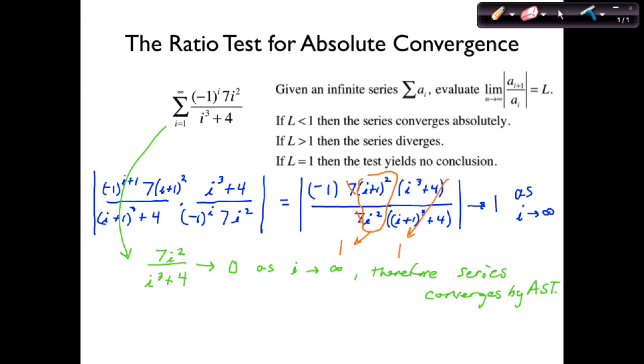Okay, but then we can ask another question, right? What question could we ask in addition to this? Yeah, does it converge absolutely or conditionally? And so how do we tell that?